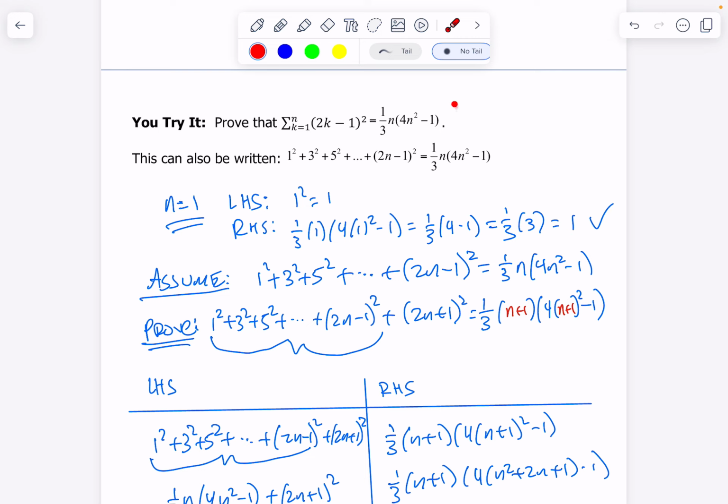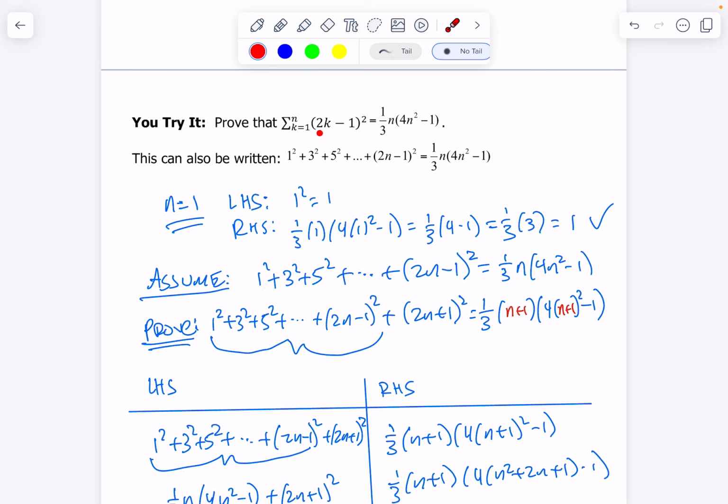Next, you assume that this is true. That's our assume right here. And then you prove that it's true for when we increase by n plus 1. So let's look at this right here. This is the summation written without summation notation. We're letting k equal 1, so you plug 1 in there, you crank it all out like we did here, and you get 1 squared.